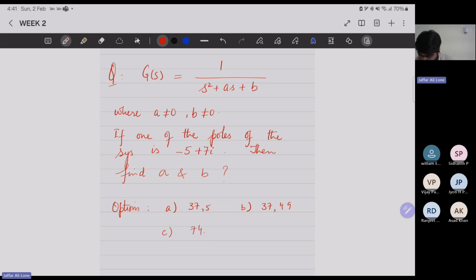Option C is 74, 10. Option D is 10, 74. Again, you'll have to check.